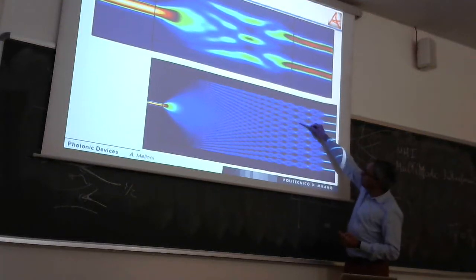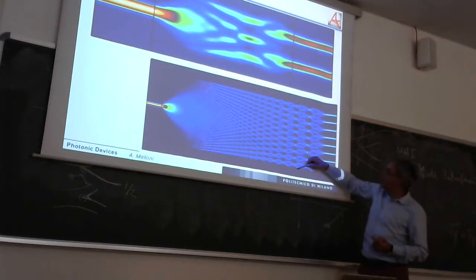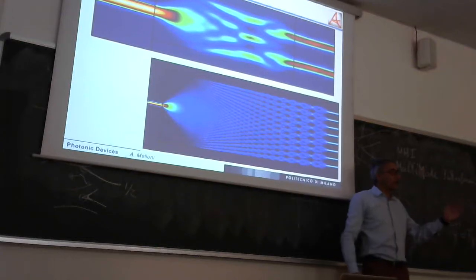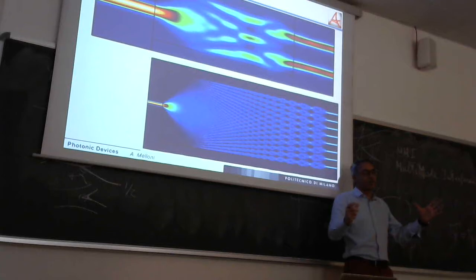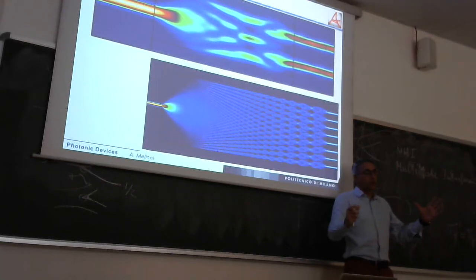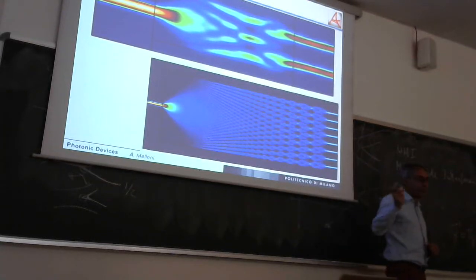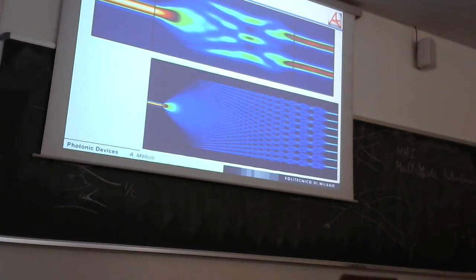And if you terminate here, you split by 10. So you can choose the number of outputs by changing the dimension of the device. This is the only slide that I show you on the MMI. I don't explain the theory behind.